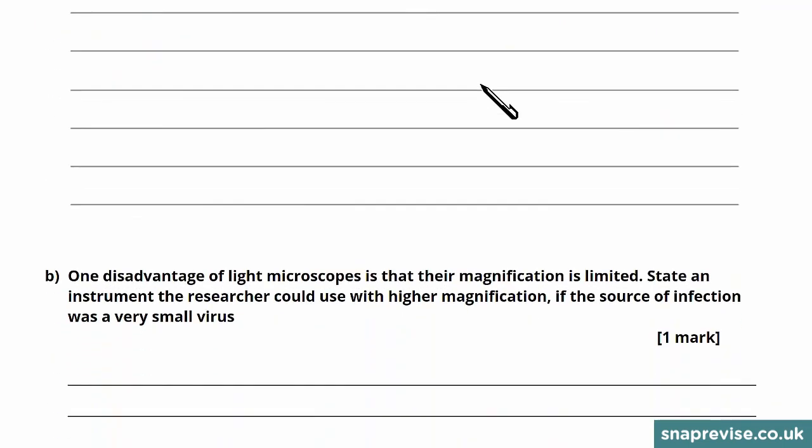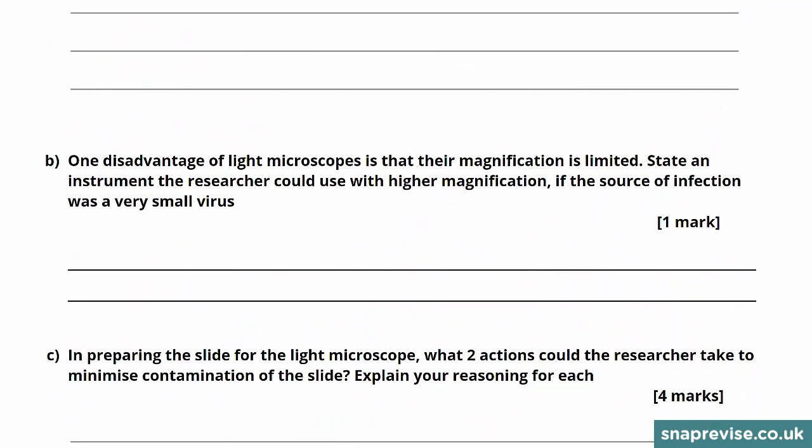The next question, part B, says, one disadvantage of the light microscopes is that their magnification is limited. State an instrument the researcher could use with higher magnification if the source of infection was a very small virus. This goes back to the background video, where we mentioned that light microscopes have limited magnification, but there are other instruments with a higher power.